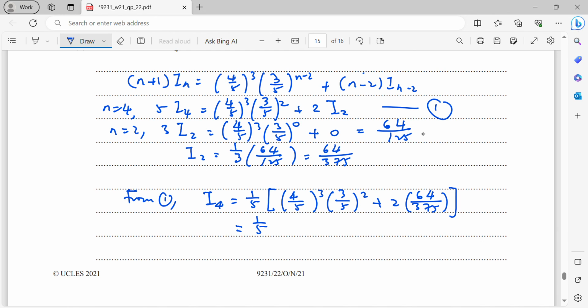Then the total for the brackets will be 4928 over 9375. We'll count the total of these two terms. So at last, you will be getting 4928 divided by 46875. So this is our I4 value.